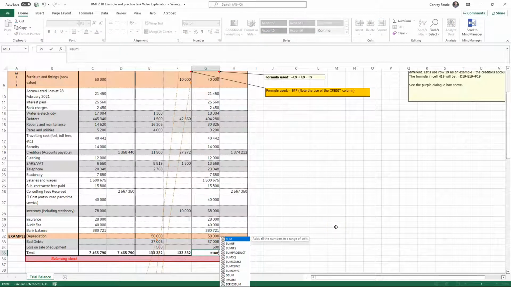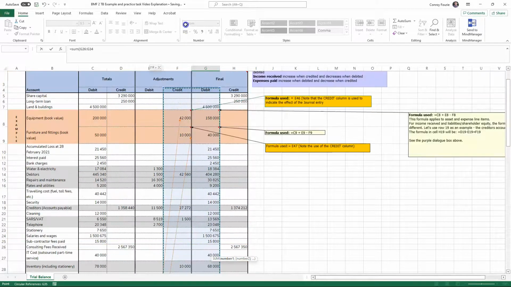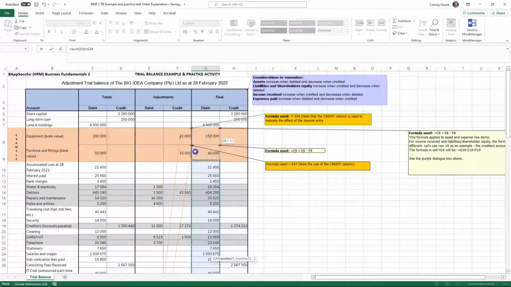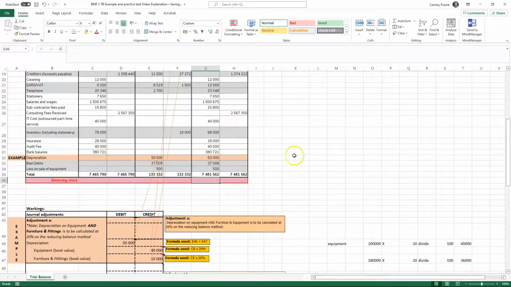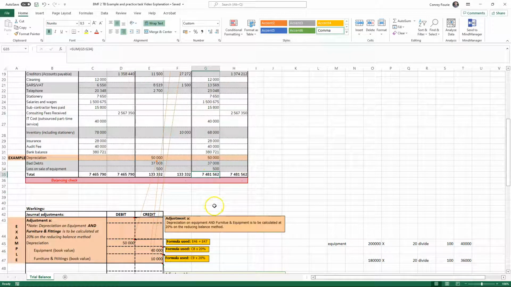Equal sum. Why is there a circular reference? Okay, that was just a finger problem. So you can see the debit 7,481,562 equals the credit value of 7,481,562.